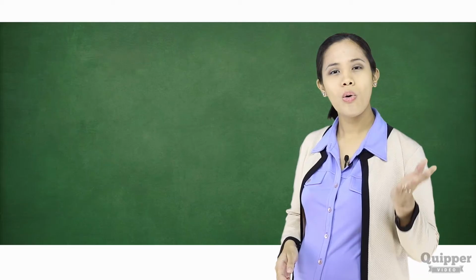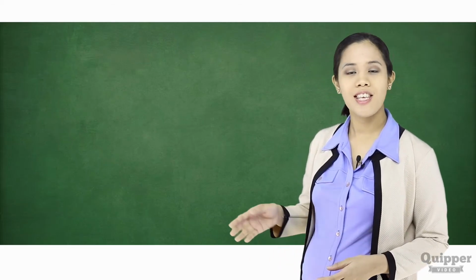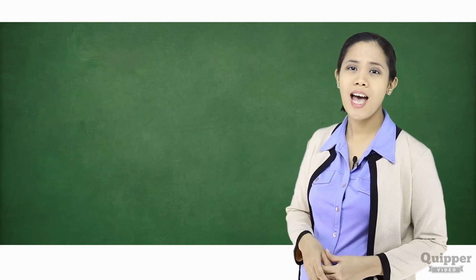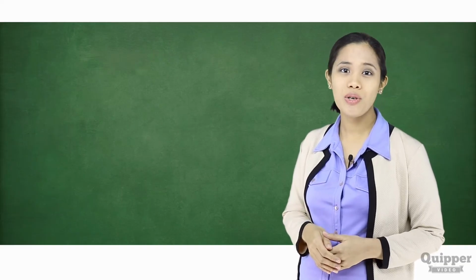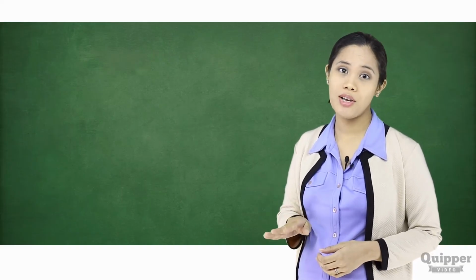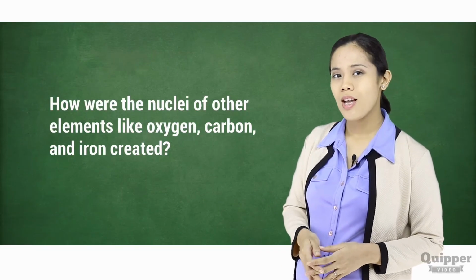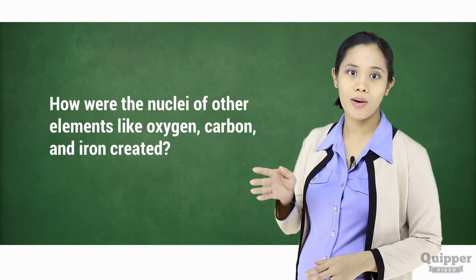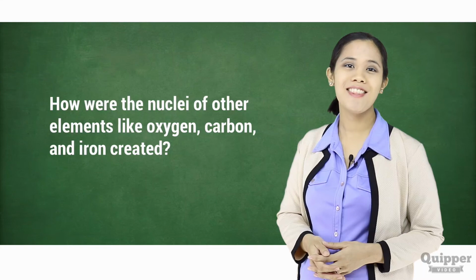So, the whole process of producing the nuclei of hydrogen, helium, lithium, and beryllium and their isotopes happened over 20 minutes after the Big Bang. Then the universe became too cold and sparse for further nuclei to form. So, how were the nuclei of other elements like oxygen, carbon, and iron created? We will find that out in the next chapter.